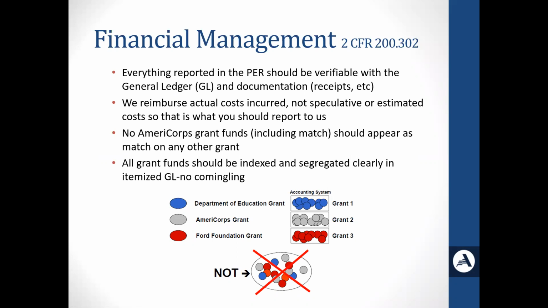One thing I'd like to be clear on, because the terminology varies enough that it's not always clear: when we say general ledger, we want to see an itemized list of expenditures. Sometimes we get categorical expenditures and you can't really tell, okay, you spent $500 on travel, but how much did you spend on this trip, and how much was mileage, and how much was per diem, and how much was lodging?